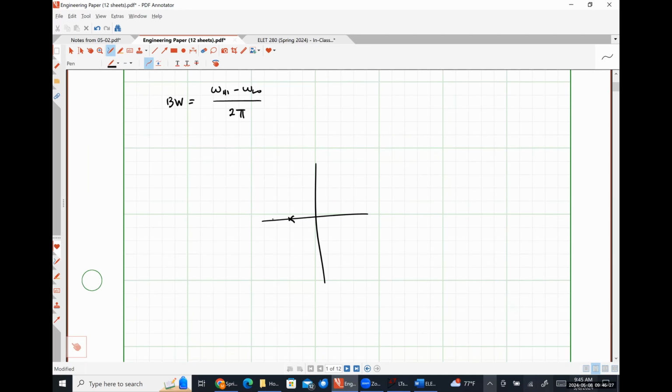Effectively, we want our poles to be in the left-hand plane because that tells us that we have a stable system. If we had poles on the vertical axis, that means we have a marginally stable or conditionally stable system, and poles on the right-hand side tell us that we have an unstable system.